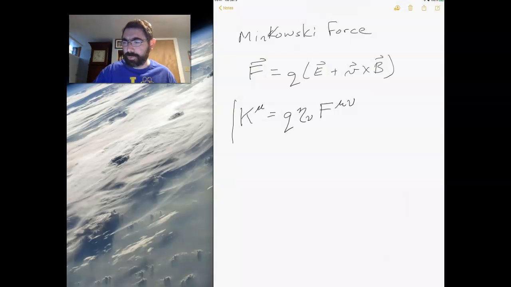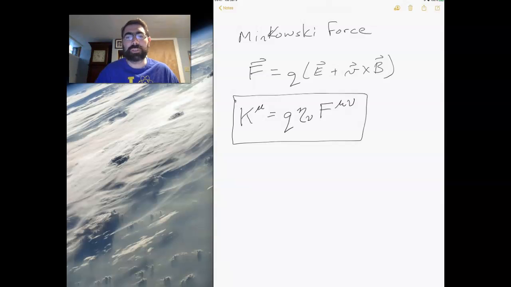So this is our new force equation, which has all the pieces, but all those pieces are now relativistic, and they span over the four dimensions.